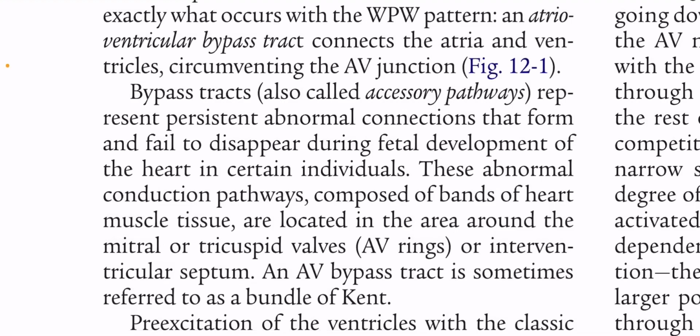These abnormal conduction pathways are composed of bands of heart muscle tissue. They are located in the area around the mitral or tricuspid valves, AV rings or interventricular septum.